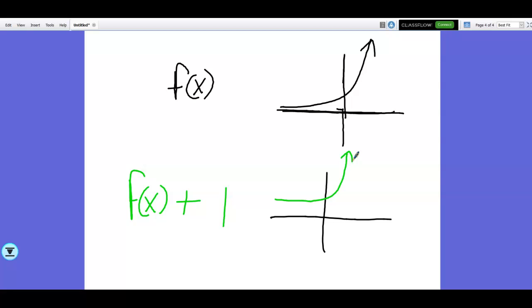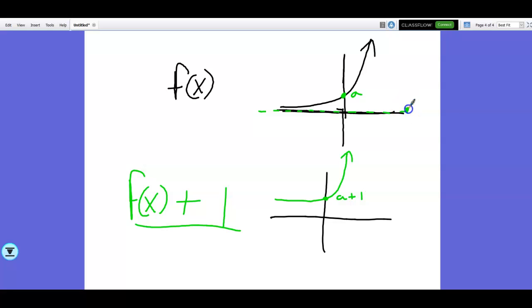All right. So what we've done so far is our horizontal asymptote has always been here, and let's just say that's my y-intercept, which we're going to call a now. So if I take this function and I add 1 to it, everything goes up 1. So now this is no longer a, but it would be a plus 1.